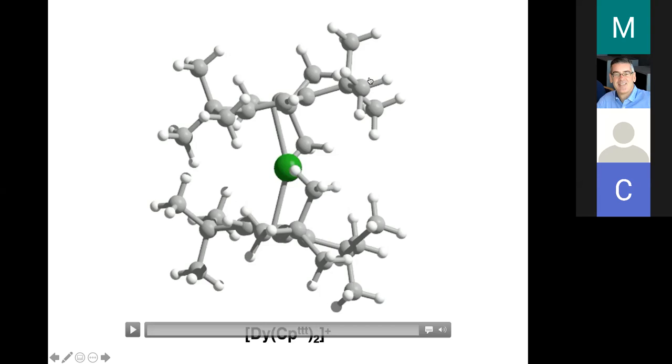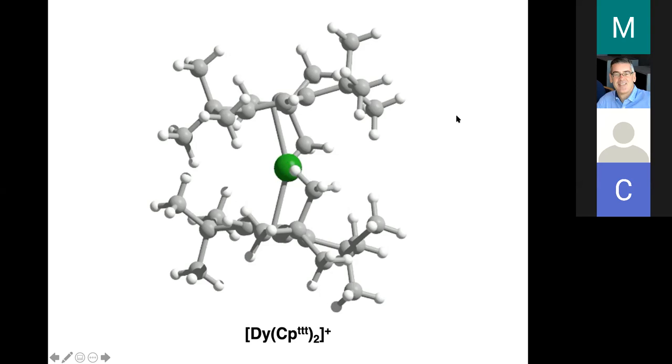But you can tune this. If you use exactly this cyclopentadienyl ligand, you always get this particular structure. But if you vary the bulky substituents here, you can adjust both of those parameters, the degree of bending away from linearity and the distance between the metal and the C5 ring of cyclopentadienyl. And those effects are very interesting.